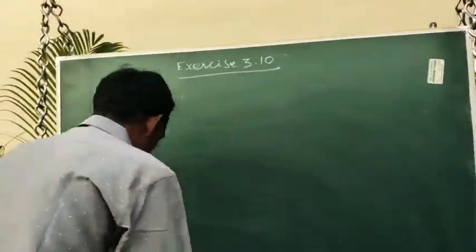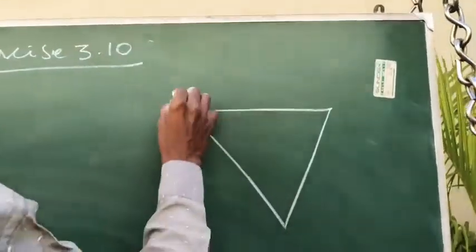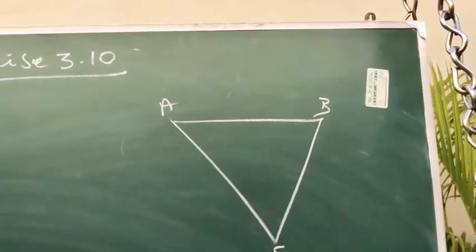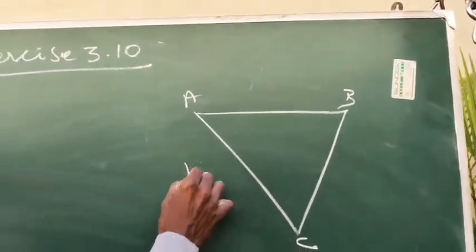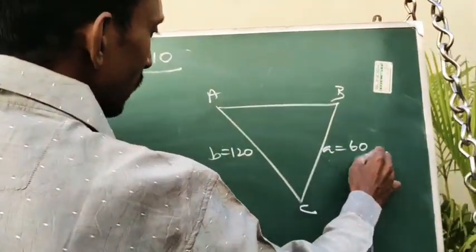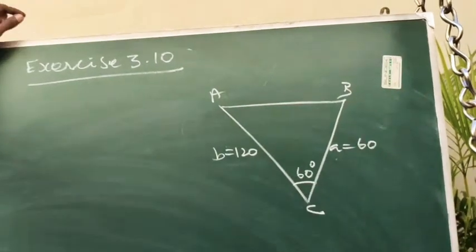Listen, my dear student, you want to purchase a triangular-shaped land. Assume it is triangle ABC. One side has length 120 feet, the other side has length 60 feet, and the angle between them is 60 degrees.